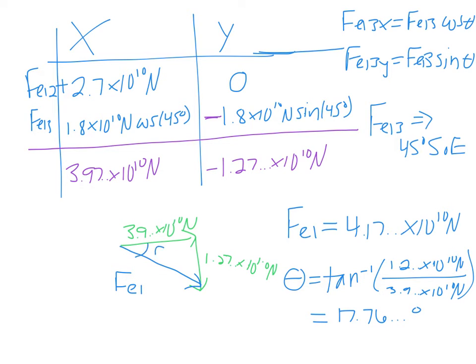And this is the theta we're referring to. So because it points right, that would be east, and down, that would be south. My total net force with sig figs is approximately 4 times 10 to the 10th newtons at 20 degrees south of east.